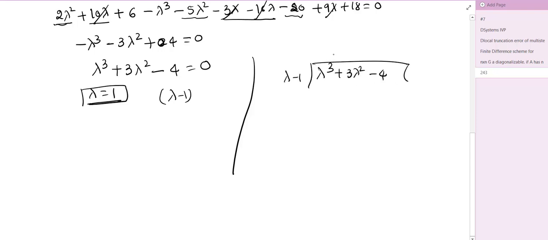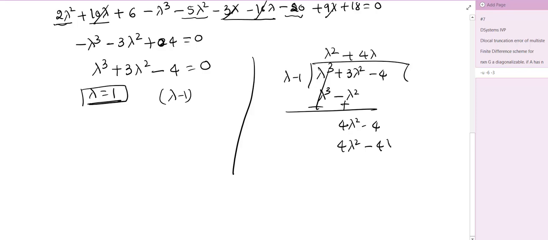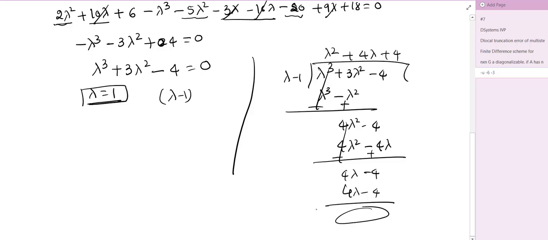We get lambda square here; this will become lambda cube, minus 1 into lambda square will be minus lambda square. Changing the sign, we get 4 lambda square minus 4. So plus 4 lambda, that is 4 lambda square minus 4 lambda. Changing the sign again, this will be 4 lambda minus 4. So multiplying it as 4 lambda minus 4, we are getting 0.